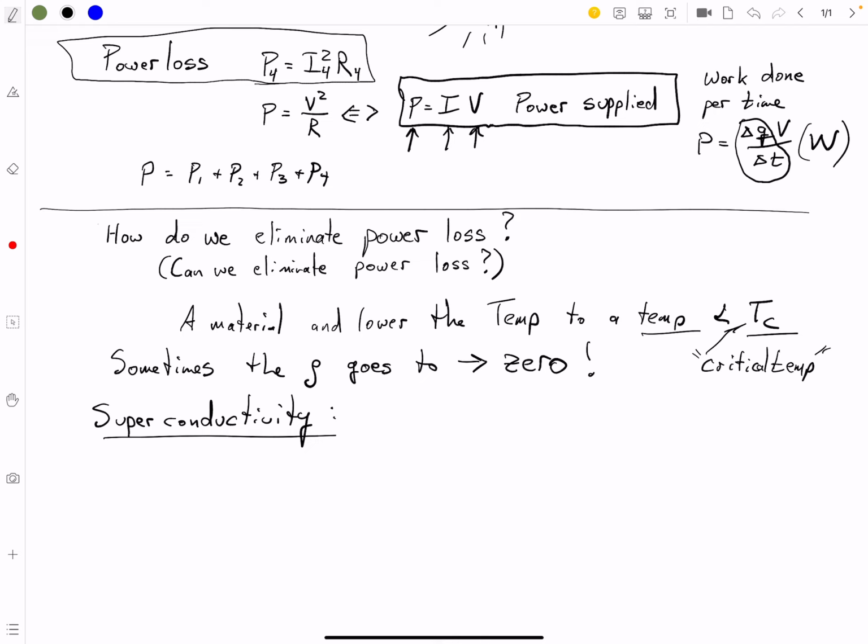Now, to explain superconductivity properly requires quantum mechanics. So that's fine. There's a whole bunch of things we've got to determine quantum mechanically, the density of states. Why did I write G when I wanted a D?